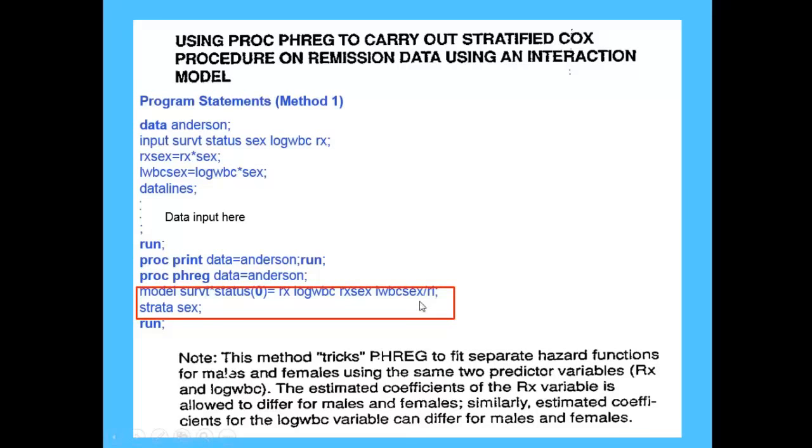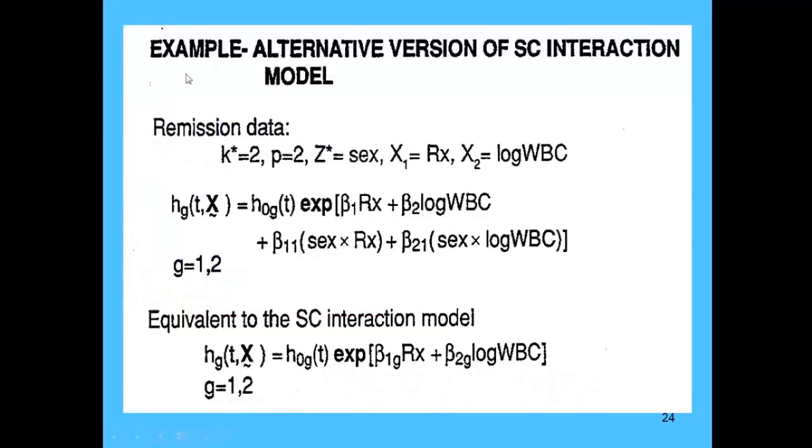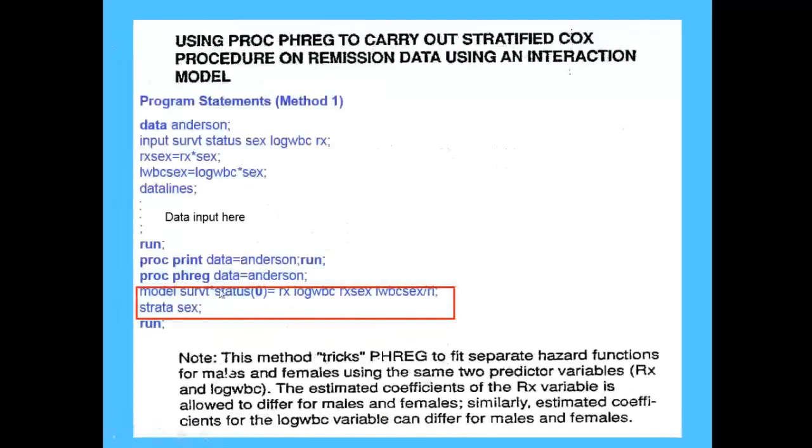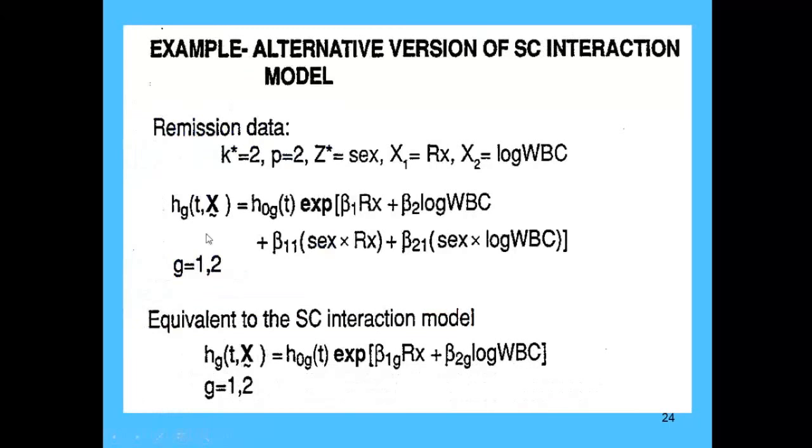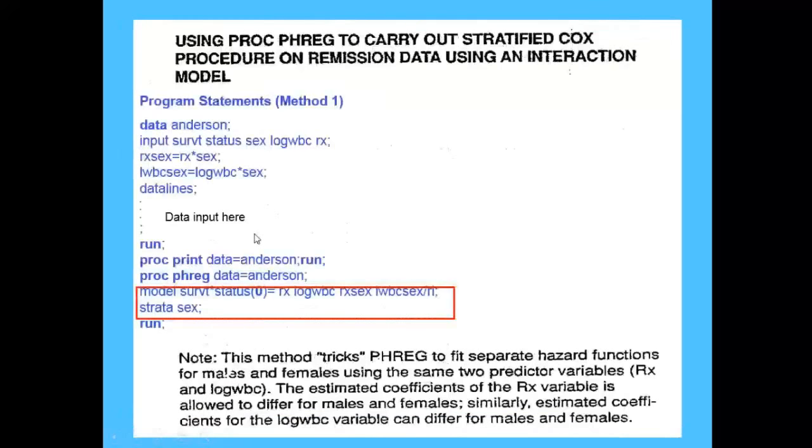What model am I running? It's this model. That's the model I'm telling the computer to run. And you notice I still said strata equal to sex, because it's got a G here, so I have to stratify on sex to run this model.